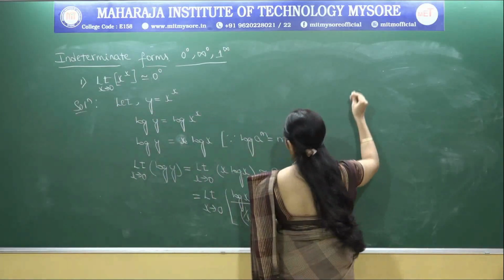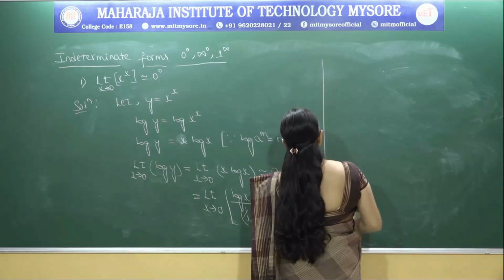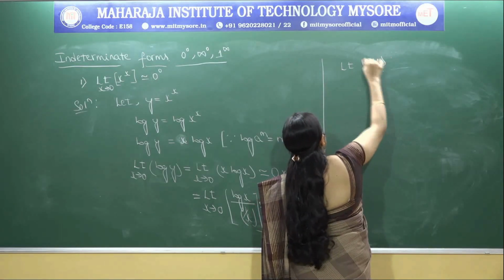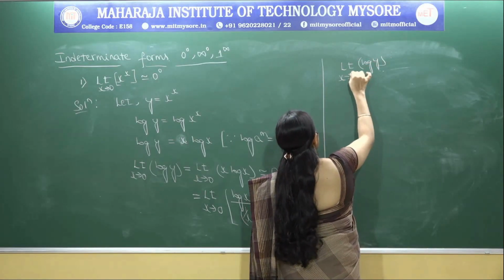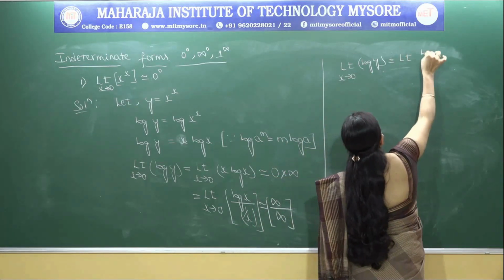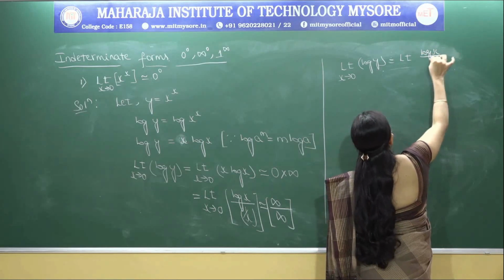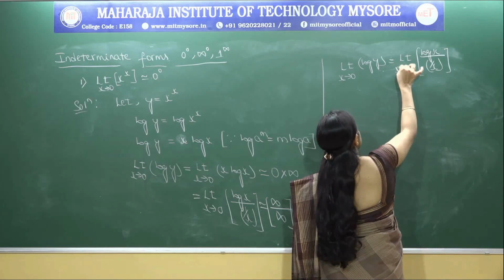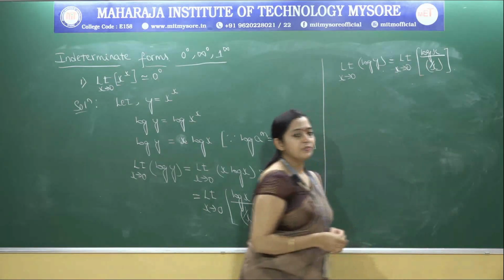In the LHS you have the limit of log y as x tends to 0. RHS part you have the limit of log x divided by 1 by x as x tends to 0.